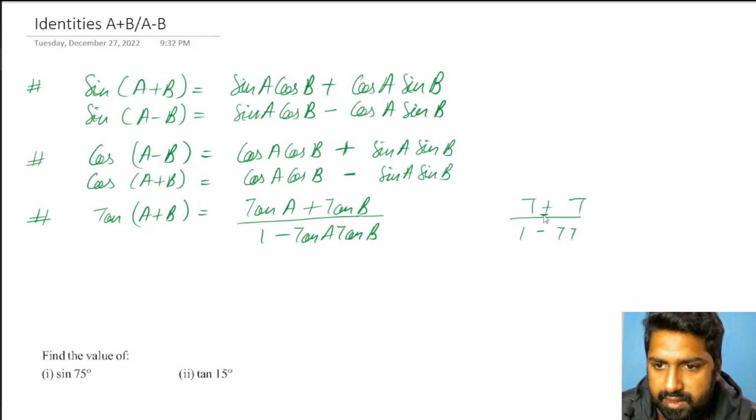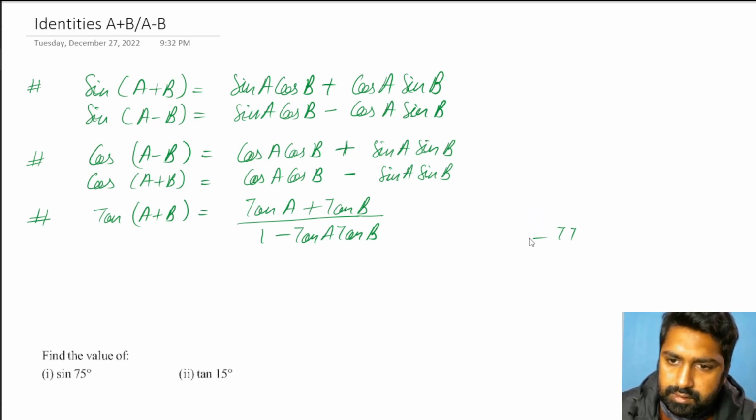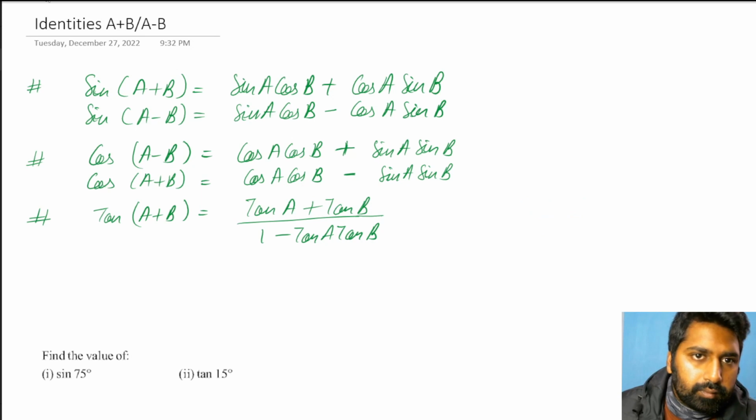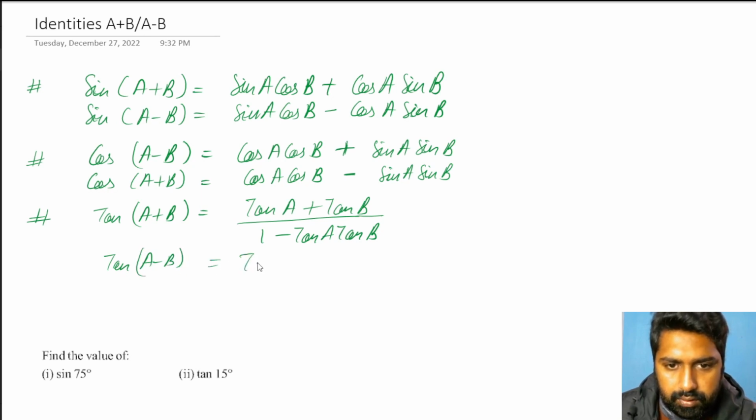If it is minus here, put plus here. Like that. Tan a minus b is equal to tan a minus tan b upon, in the denominator change the sign, instead of negative put positive, 1 plus tan a tan b.